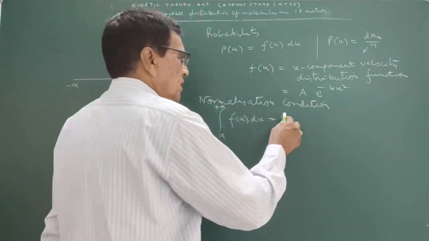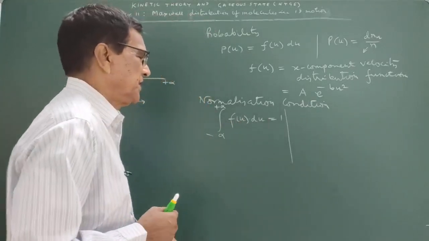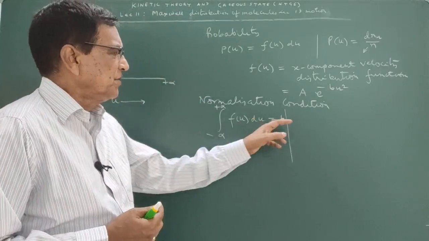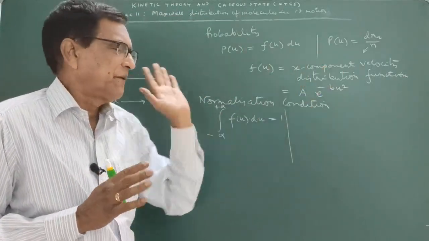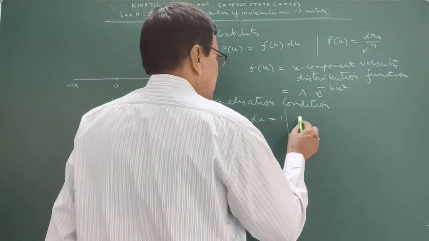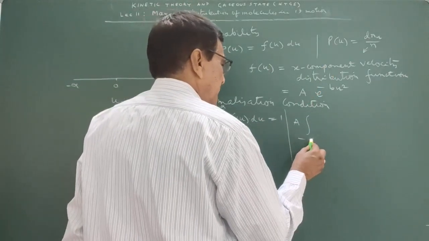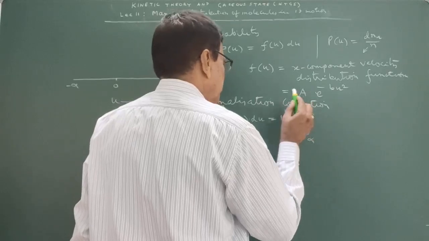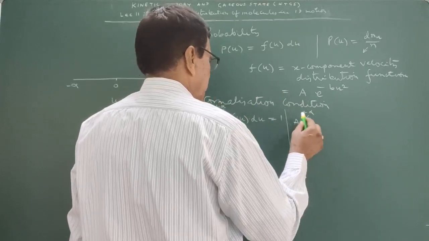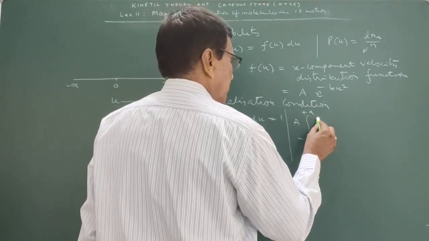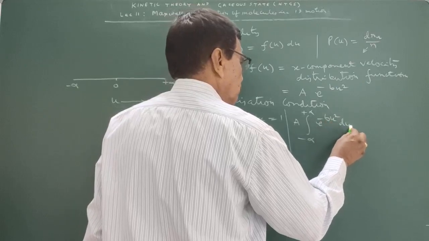So if we integrate and equate with this, then we can get A in terms of b. This A will come out, A is constant, minus infinity to plus infinity, and instead of this one we can write e to the power minus b u square du.